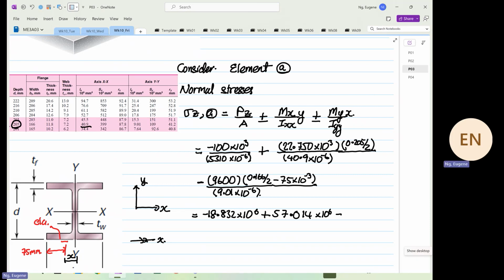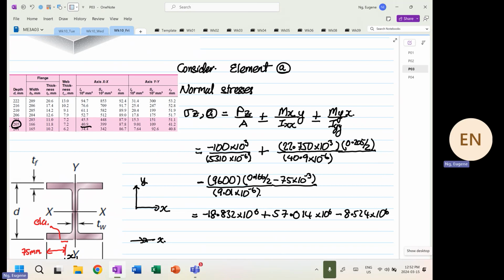And then we have another minus 8.524 times 10 to the power 6. Did I see the number wrong? Yes, it's 9.01.